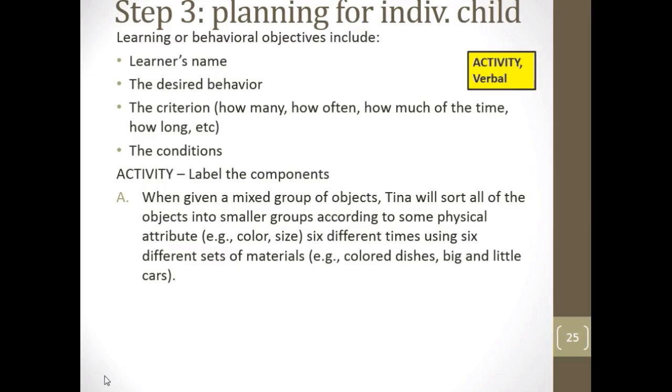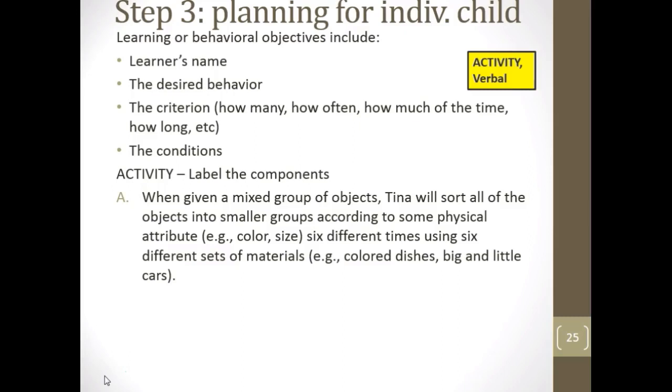Then the criteria. What is a criterion for what we're expecting her to do? How often? How many? How much? And then what words in this statement for A tell you what the conditions are, the situation in which Tina will do this activity. So hopefully you've had a chance to write these things down or to mark them in some way if you've printed off the PDF for note-taking.